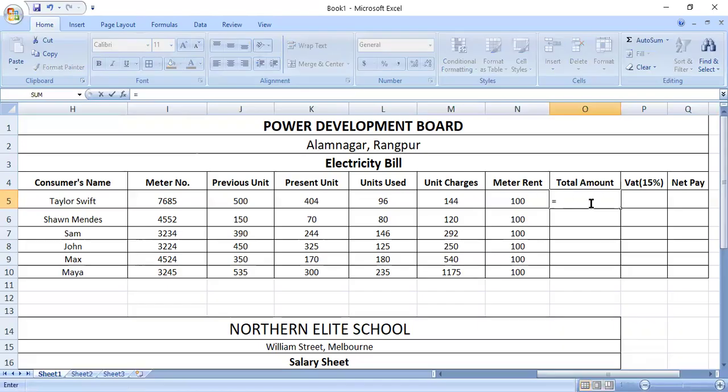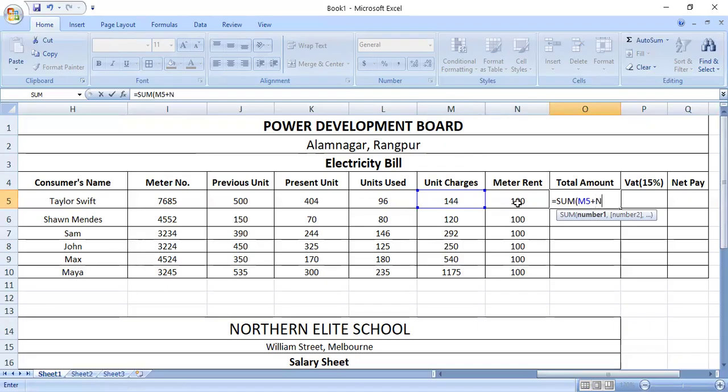So the formula for that one goes like equal sum first bracket. Unit charges is column M, row 5. And you can also just select this so it will come over here automatically. Then add it to meter rent, which is column N, row 5.